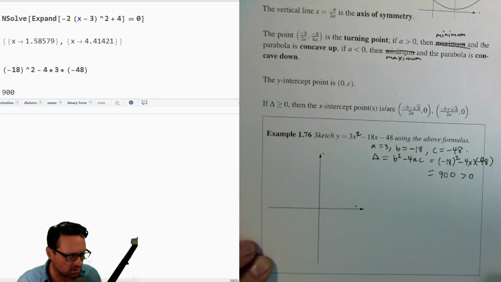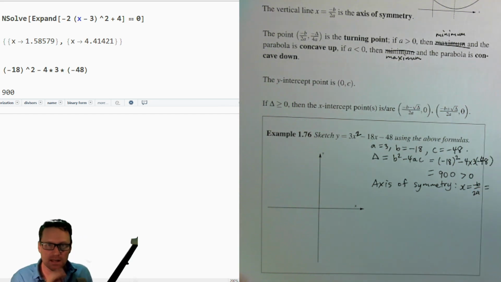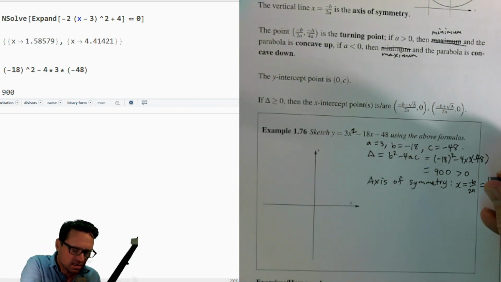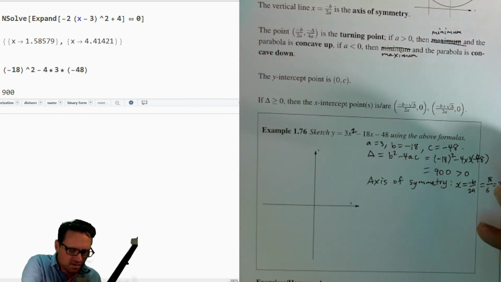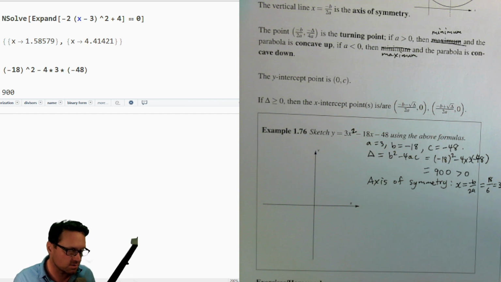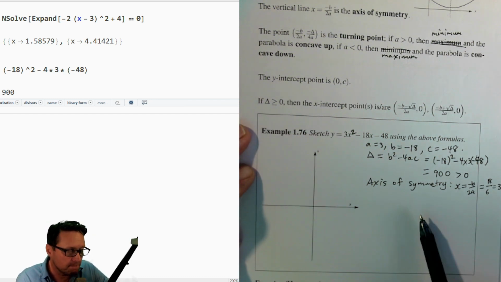All right, so now let's use the formula for the axis of symmetry, x equal to minus b over 2a. In this case, minus b is plus 18, so that's 18 over 2 times 3, which is 6. And so our axis of symmetry is x equals 3. Okay, and now let's find our minimum.